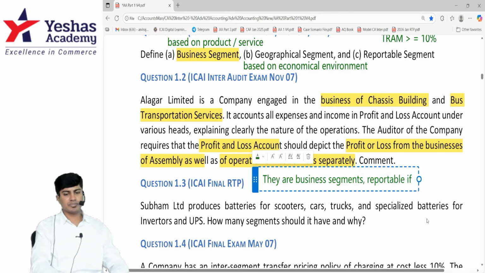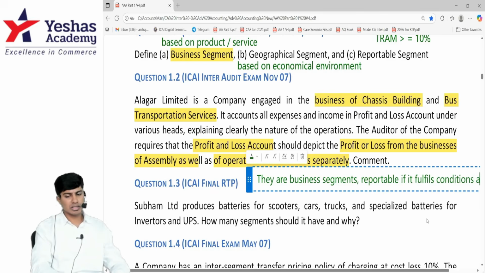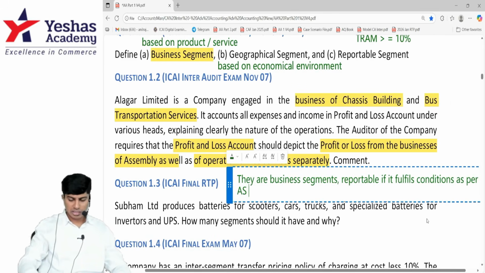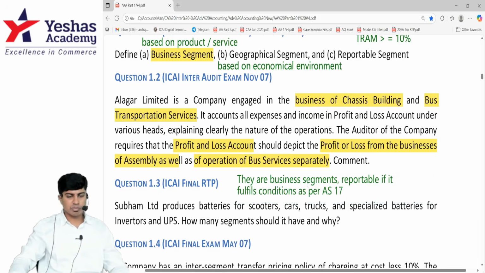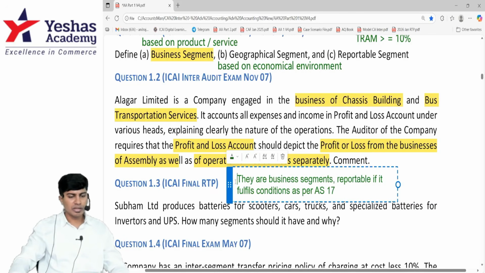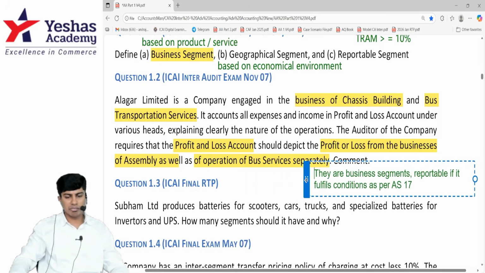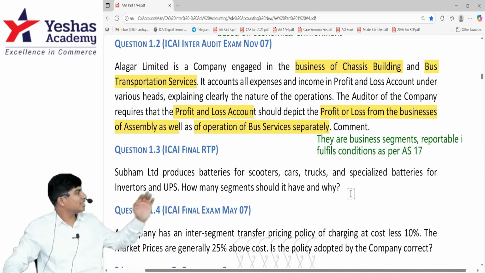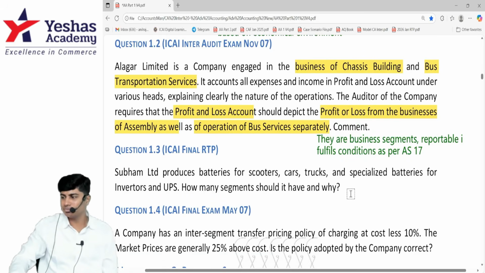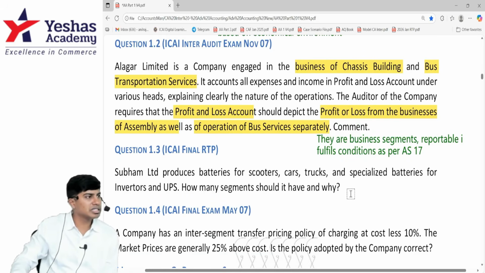Reportable if it fulfills conditions as per AS 17. If it fulfills the conditions as per Accounting Standard 17, then it becomes a reportable segment. What if it doesn't fulfill the conditions as per AS 17? Then it is not a reportable segment.